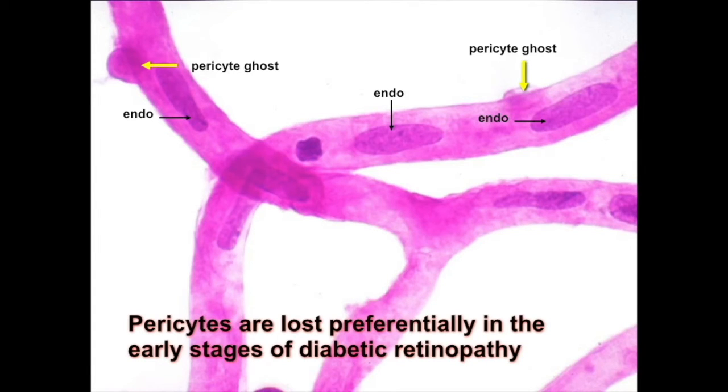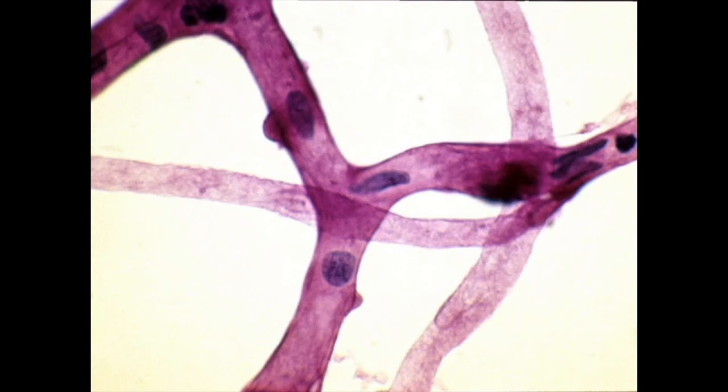They also noted that pericytes are lost preferentially in the early stages of diabetic retinopathy. You can see that these retinal capillaries still have endothelial cells, but we can see the basement membrane capsules where the pericyte cells once resided. In this photo, we can see pericyte loss in some of the vessels.